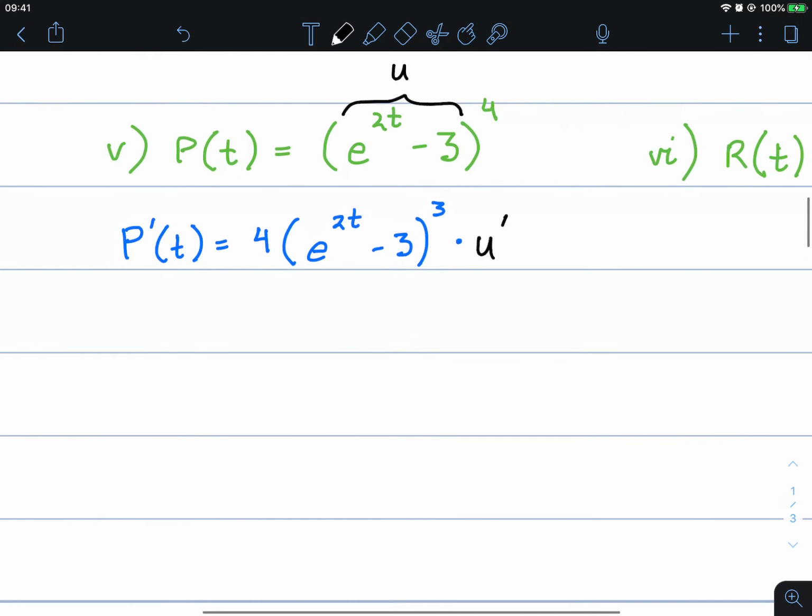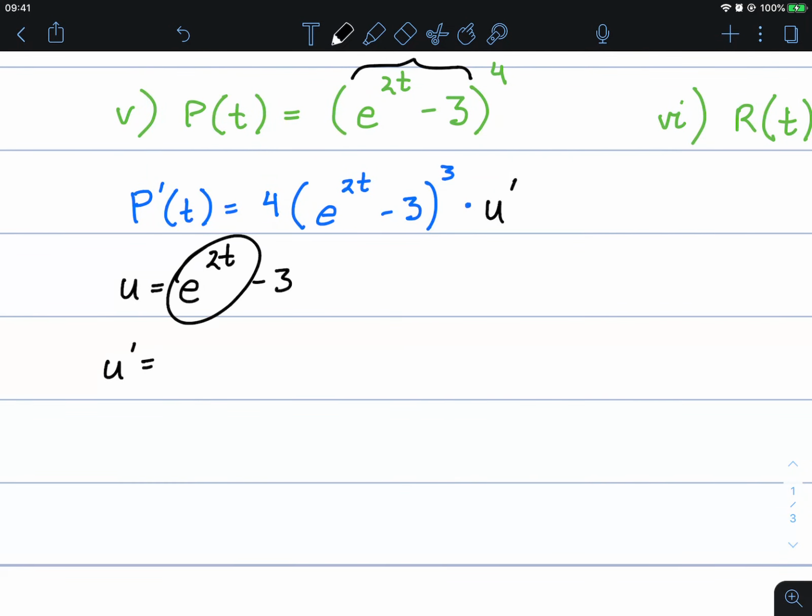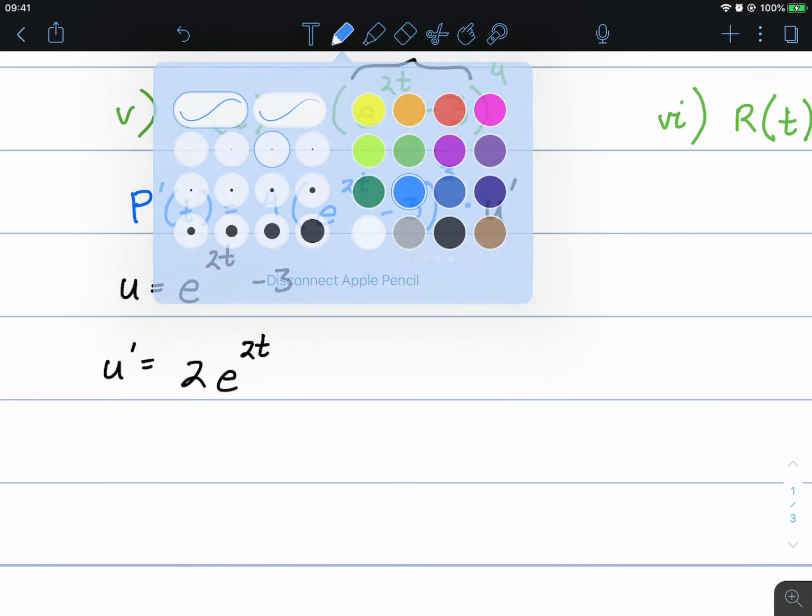I'm going to do this off to the side here. Let u equal e^(2t) minus 3. u prime is equal to, well, 3 will go away because it's a constant. The derivative of e to the power of 2t is itself times the derivative of the power, which is 2.